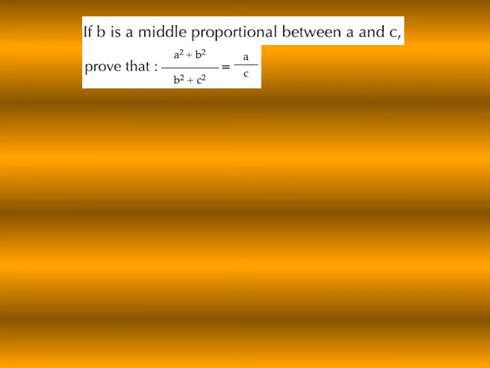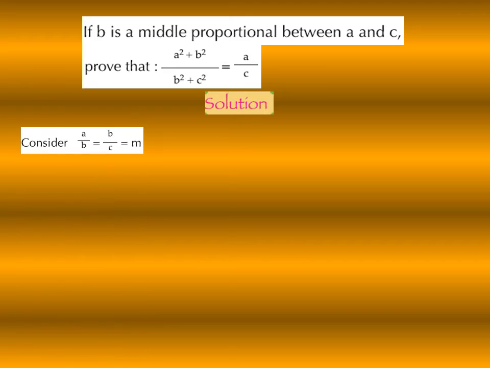Example: if B is a middle proportional between A and C, prove that A squared plus B squared over B squared plus C squared equals A over C. Solution: consider A over B equals B over C equals M, where M is a real number, not equal to 0.